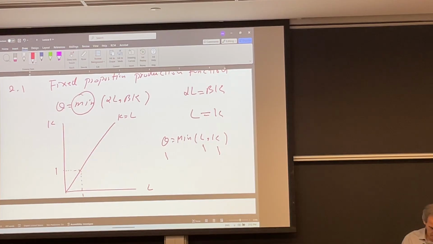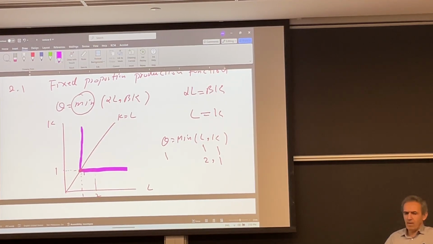Now suppose there are 2 drivers and just 1 car. How much does that produce? 1. So that extra labor didn't do anything. It kept you on the same isoquant. As a result, you end up with what you had before in the L-shaped isoquant.